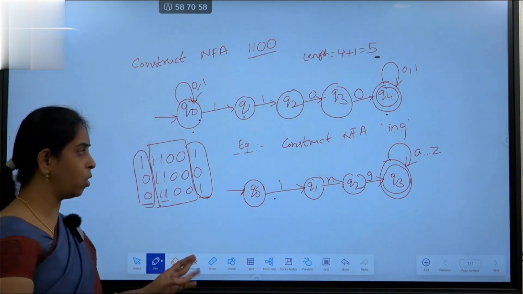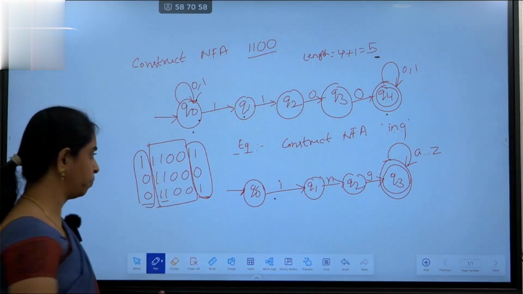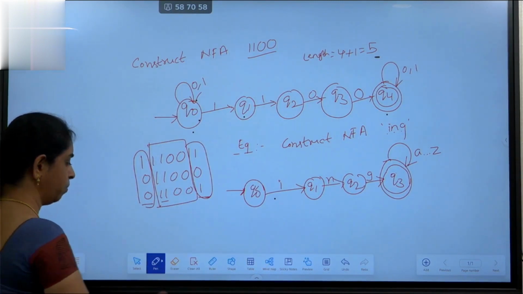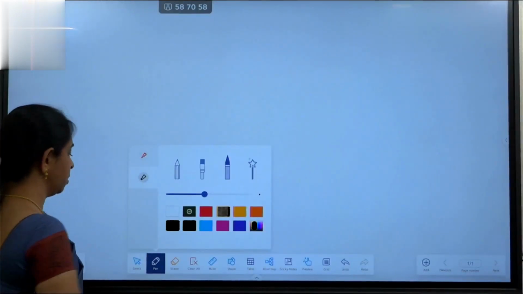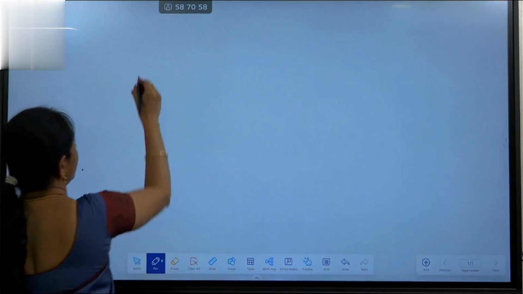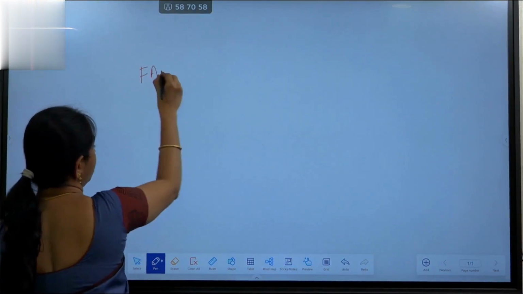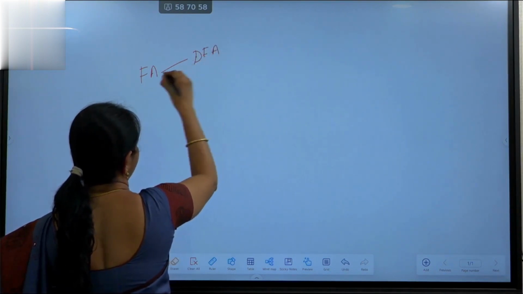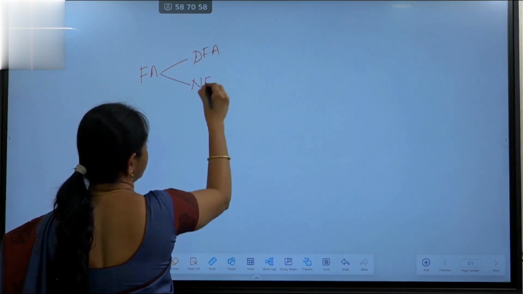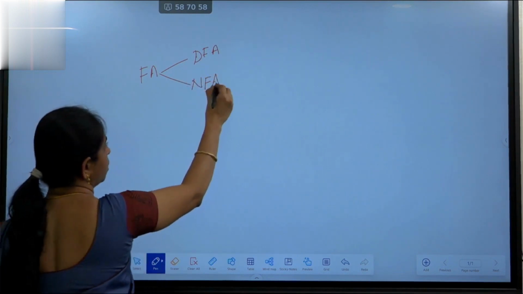So like that we have to construct our NFA. These are the constructions of NFA. Now we will move into the different types of NFAs. Up to now, in finite automata we have seen DFA, that is deterministic finite automata, and we have seen NFA, that is non-deterministic finite automata.